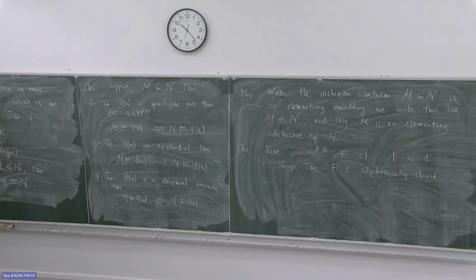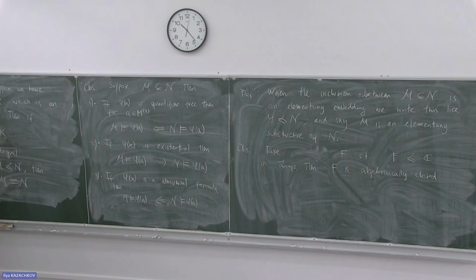Here I'm saying that if a formula holds at a given point, it also must have been true for that point. This was just for sentences. Sentences don't have free variables. If the formulas with free variables move, for sure a sentence that does not have free variables is also true in one and the other at the same time. And this is just an instance of being elementarily equivalent.